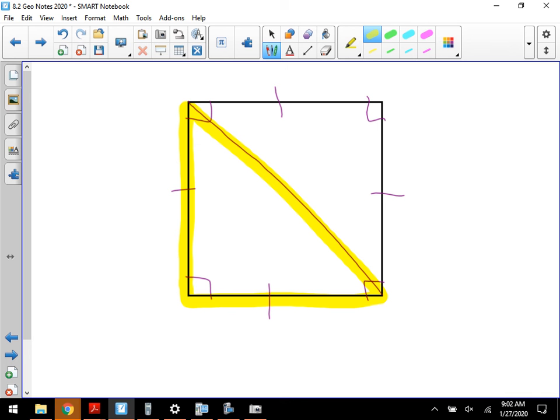Everybody see that it's isosceles because you've got the two sides that are the same? If you have the two sides that are the same, that means you have to have the two angles that are the same. And that's where the 45s come into play. There only being 180 degrees in a triangle, you subtract out 90, you're left with 90. Since these two have to be the same, that's where they get 45s. That's where that comes from.